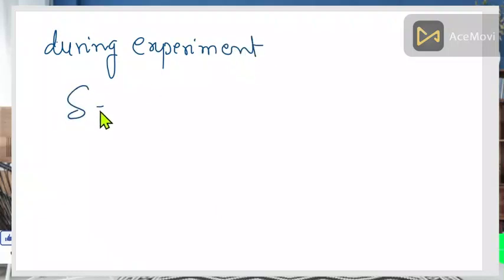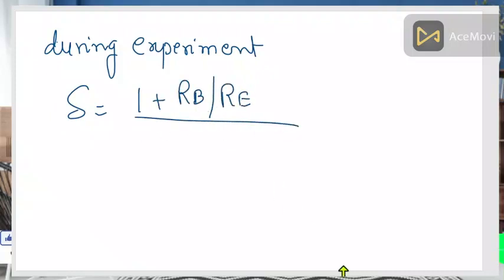Now why is this expression used? Because it will help you in practical circuits. For any circuit, during an experiment, the equation for stability factor that you generally use is S equals 1 plus RB by RE, or 1 plus (1 minus alpha) RB by RE.